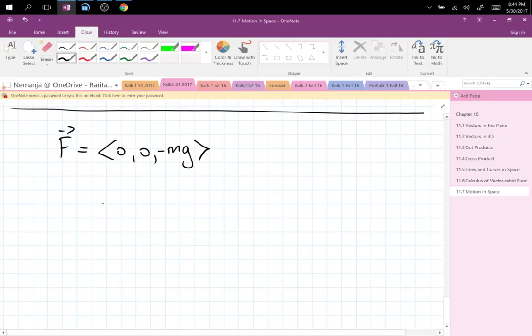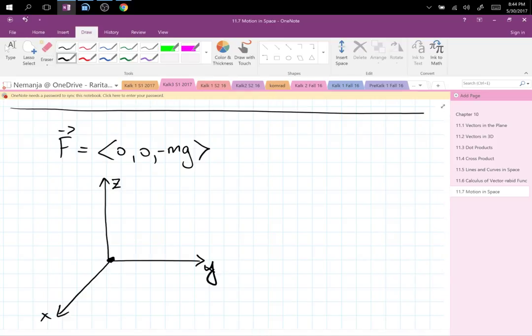Now, drawing this is always the interesting challenge. So if I have x, if I have y, and if I have a z, and I throw an object, actually, let's throw object along this path there, there's going to be an angle theta here.